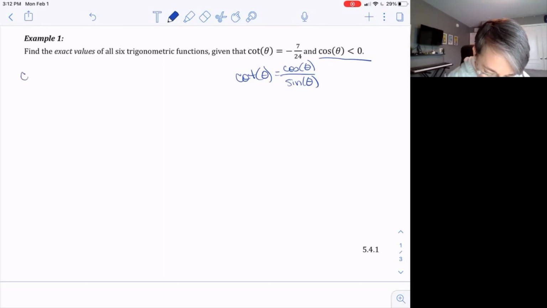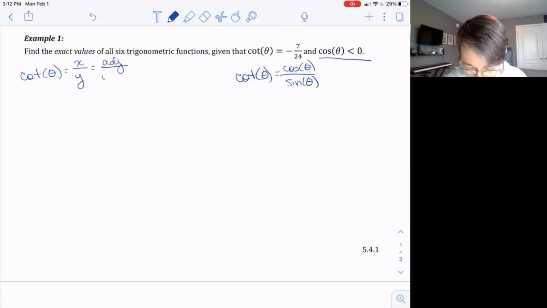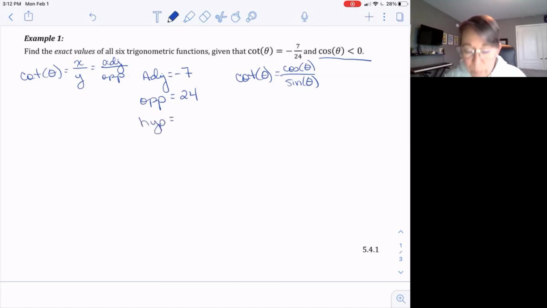Now we know that if we have cotangent of theta, which we generally think of as X over Y, we can also consider that as adjacent side over the opposite side. This tells us that the adjacent side is the -7, that's the X or the cosine value, and the opposite side is a +24. So there's one other piece that we need to find, and that is the hypotenuse.